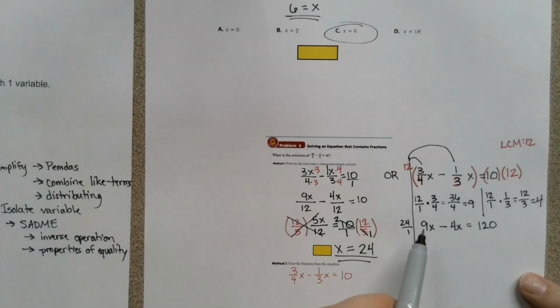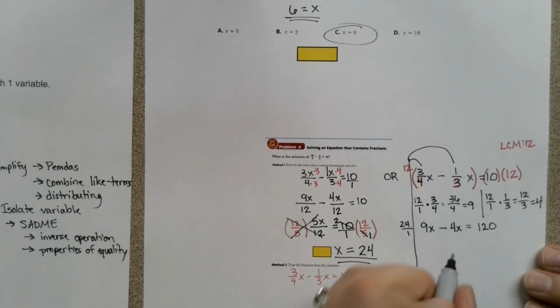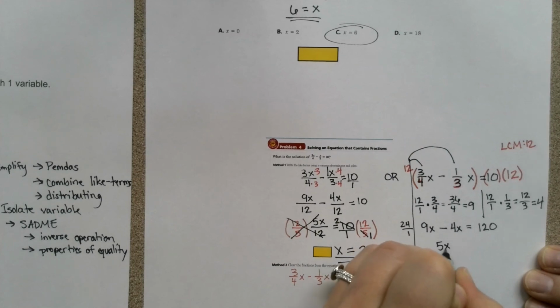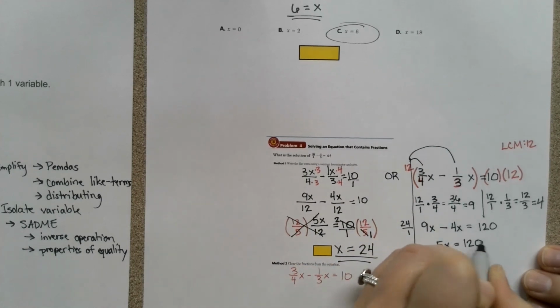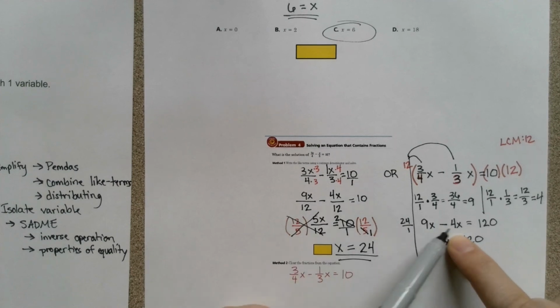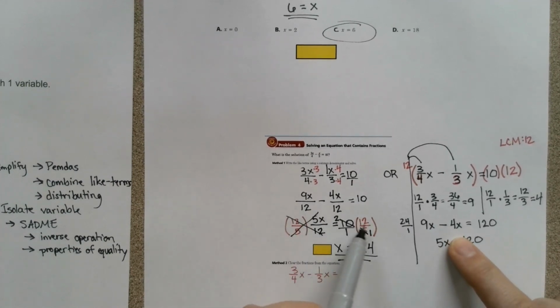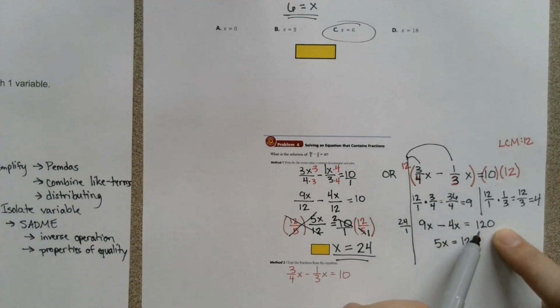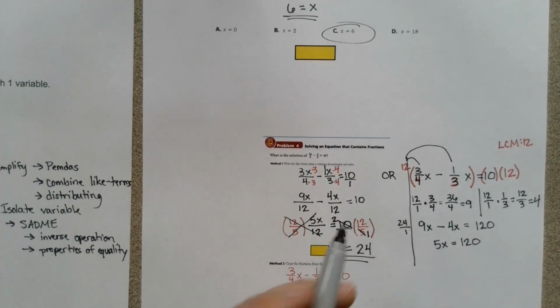Now when we simplify, we have like terms. 9x minus 4x is 5x is equal to 120. If you look over here in the numerator, we have 9x minus 4x. That matches. Again, if we were to multiply this part across, the 10 times the 12, that would give us the 120 we have. So they look very similar, and we should get the same exact answer.